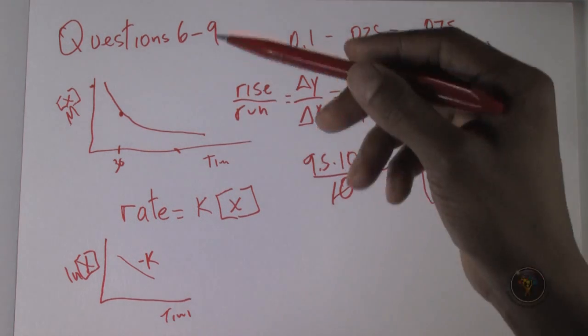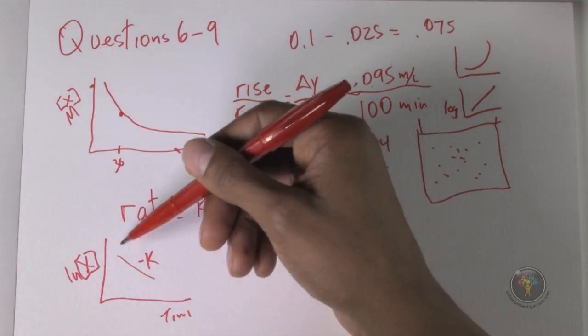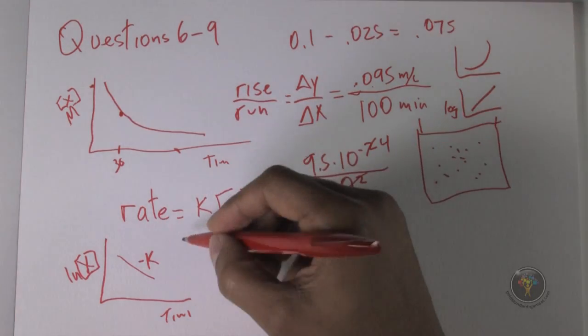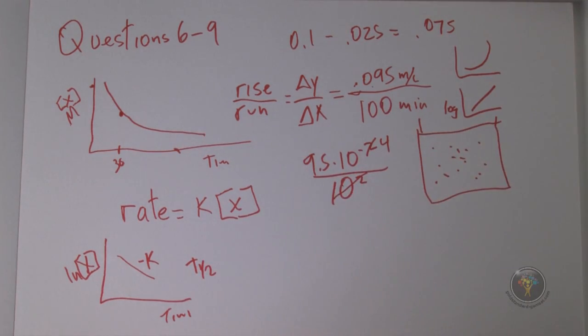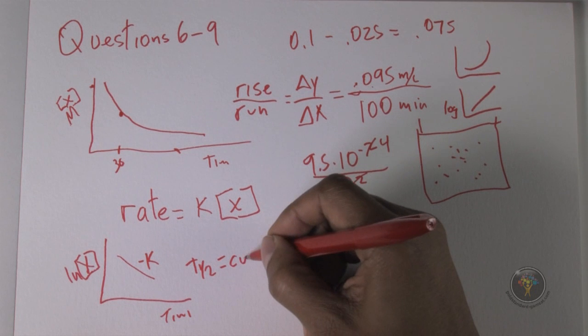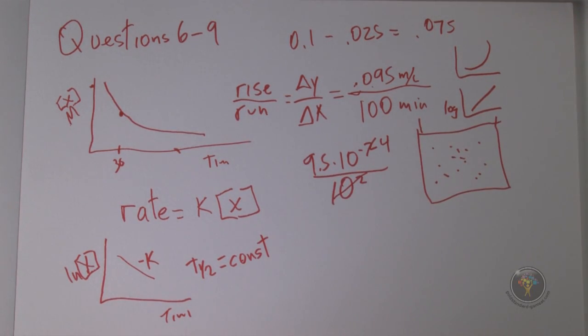And so for the first order reaction, this is a type of question that comes up regularly. And the other thing is that because this is constant, we have that the half life is also a constant for first order reactions. So these are important points to keep in mind.